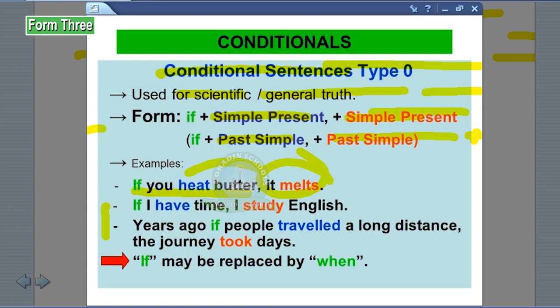And we have also another example here. Because it's scientific, it's true. If I have time, I study English. If you don't give time to study English, how can you study English? So a very good student is saying, if I have time, but he's busy, maybe he is a father, busy with children, but he's saying, if I have time, it's true. If I have time, I study English. There's also another example here, because conditional type 0 talks about truth.